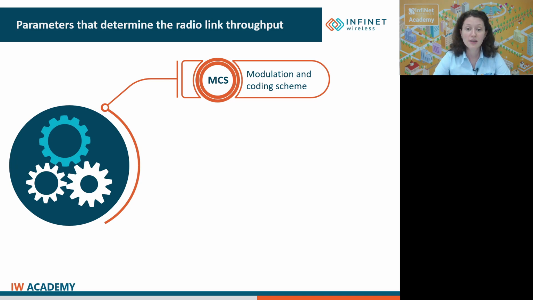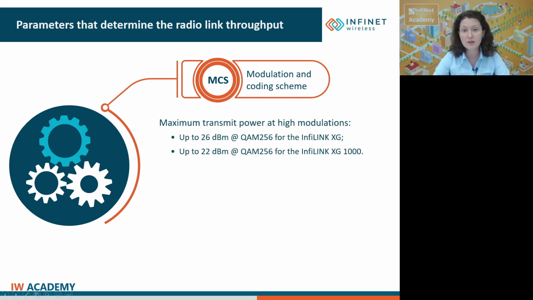High-order modulations can improve the channel performance in terms of throughput. However, those can be used by channels having a corresponding high fade margin. An important feature in this sense is the maximum transmit power at high modulations, which is up to 26 dBm at QAM256 in case of the InfiLINK XG, and up to 22 dBm at the same modulation for the InfiLINK XG1000.